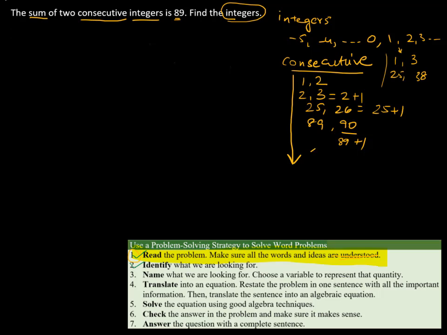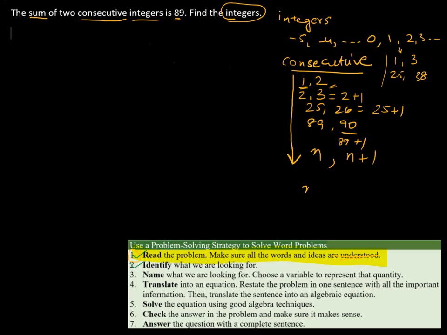If one number is n, the next number would be n plus 1, right? If the first number is 1, the next number will be 1 plus 1, 2. And this is basically the key of this question: how do you pick the variables? If the first number that we pick is n, then the other number is n plus 1.